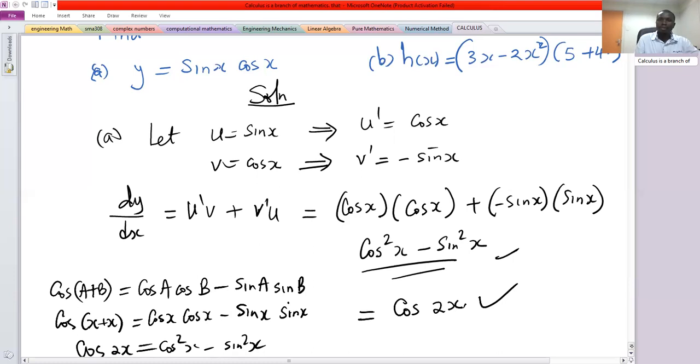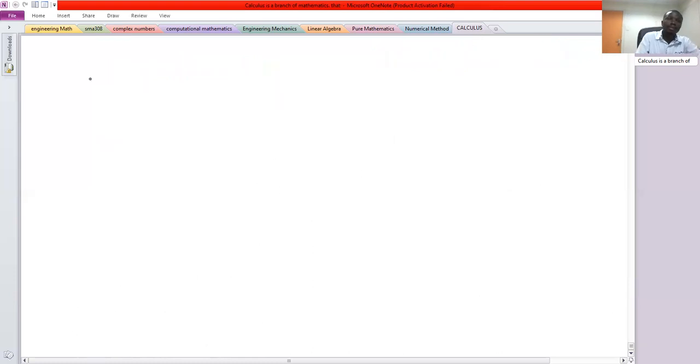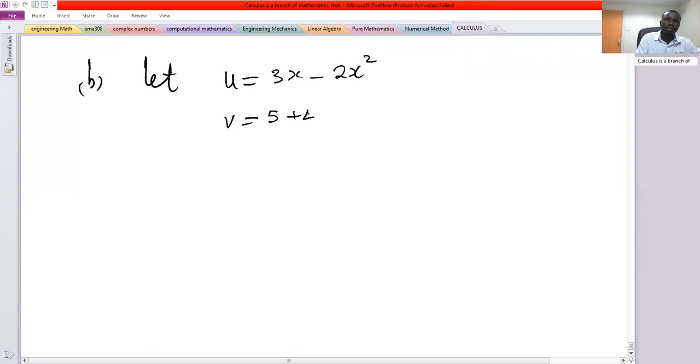And then question 2 of B, we say let u be the first bracket, which is 3x minus 2x squared, and v be the other bracket, 5 plus 4x. Now by that, this means that u prime is 3 minus 4x, and this means v prime is 4.